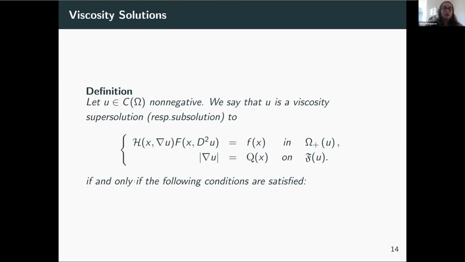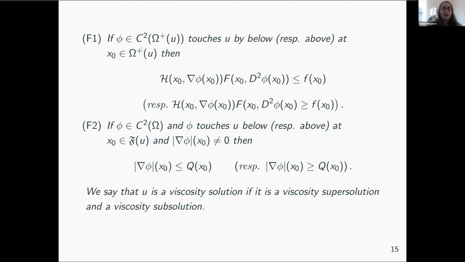To understand our problem, first I will recall the definition of viscosity solution. If we have a continuous non-negative function, we say that u is a viscosity subsolution to this problem if and only if the following conditions are satisfied. If you have phi in C2 touching u from below, or above, at x0 in Omega plus, then this inequality needs to happen.